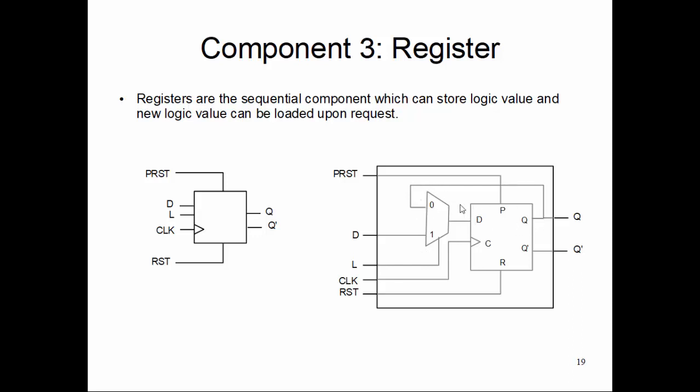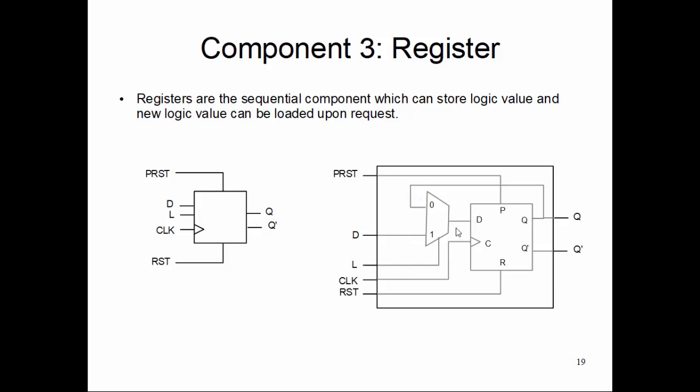On the selection signal value 0, I load back the internal flop value itself. The Q is connected to terminal 0 and D is connected to terminal 1, and the output of the mux goes to the D of the flip-flop. Preset and reset go directly into the flip-flop, and the clock also goes directly into the flip-flop. Now signal L is the selection signal for that multiplexer.